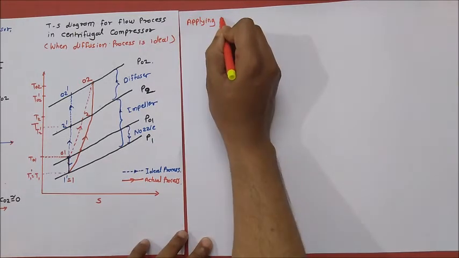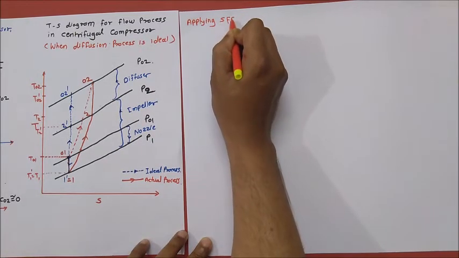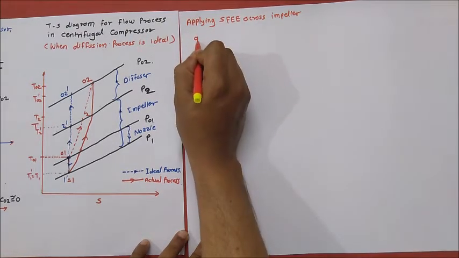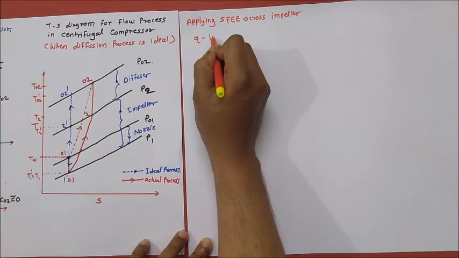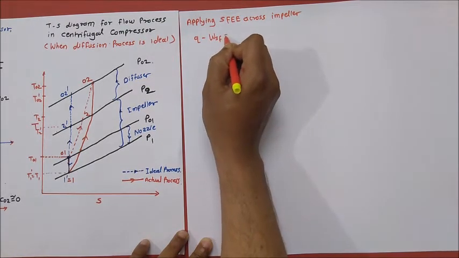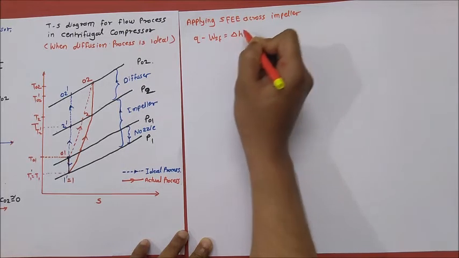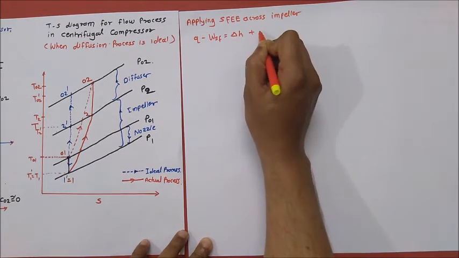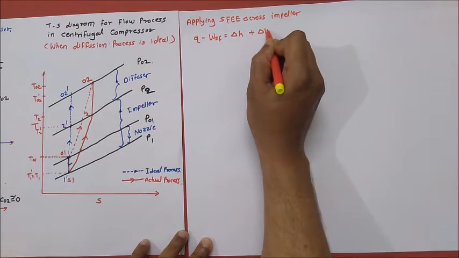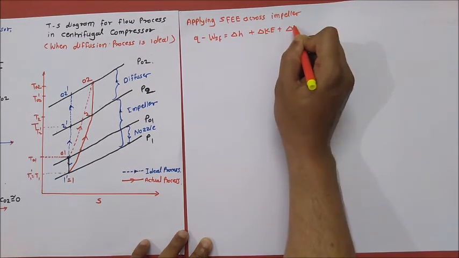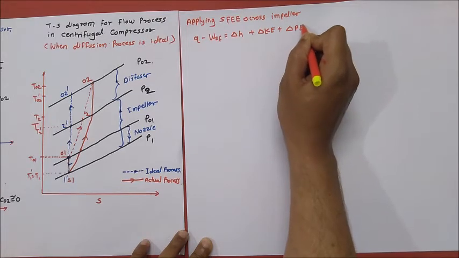equation. So applying steady flow energy equation across impeller, Q minus WSF is equal to change in enthalpy delta H plus change in kinetic energy delta KE plus change in potential energy delta PE.